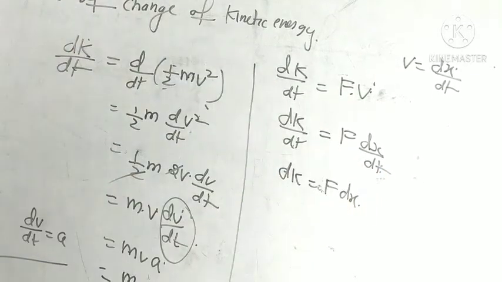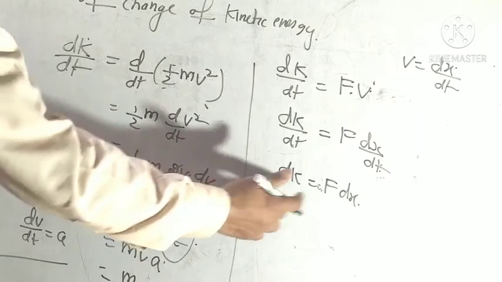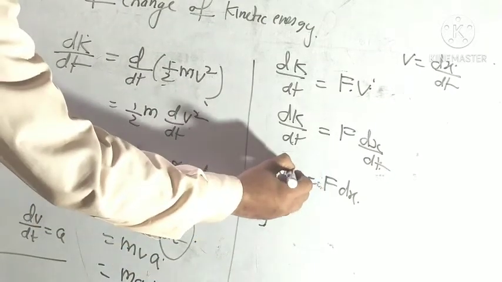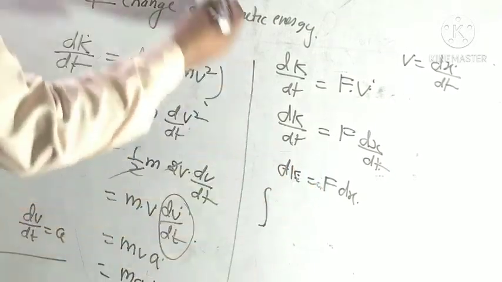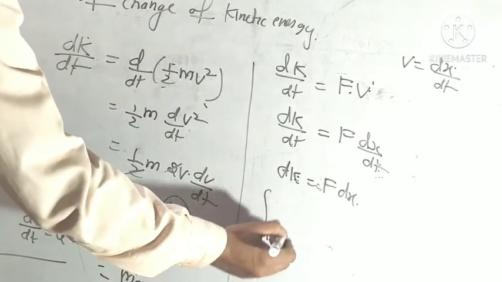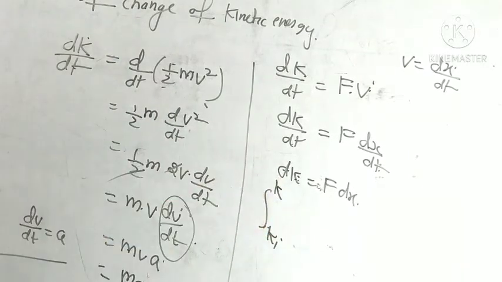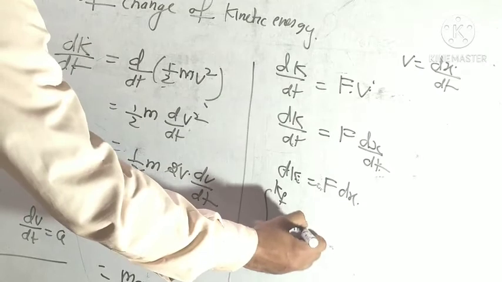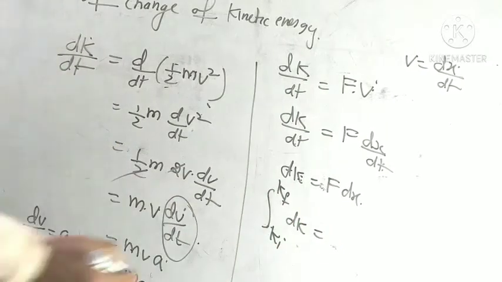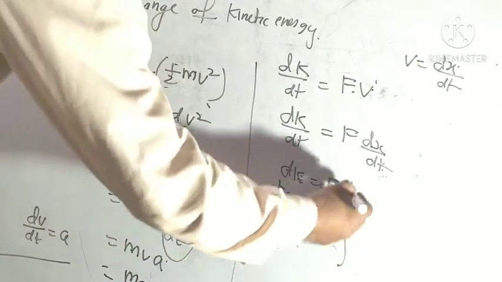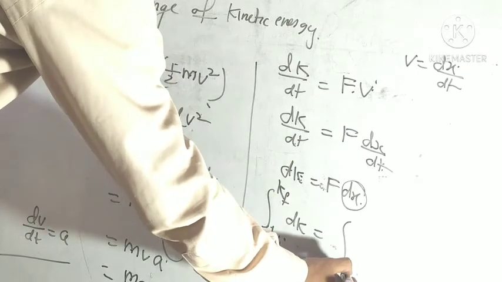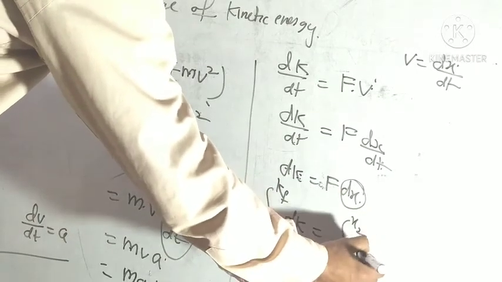Now we integrate. We integrate dK, where K is kinetic energy, with the body having initial kinetic energy Ki and final kinetic energy Kf, equal to the integral of force F dx, with initial displacement x1 and final displacement x2.